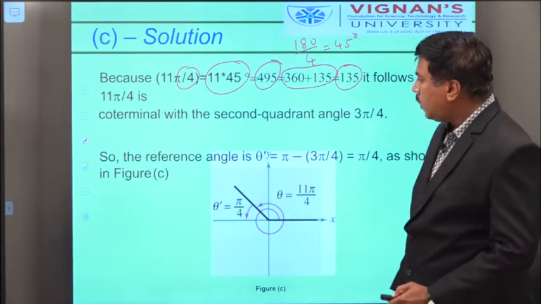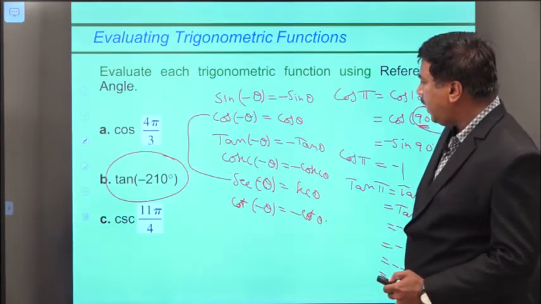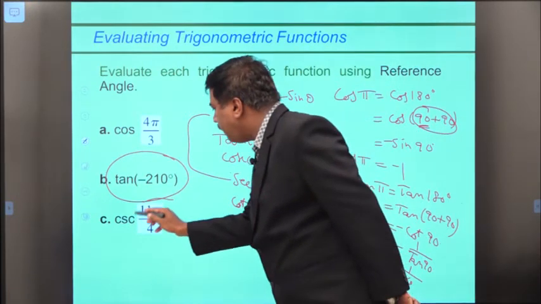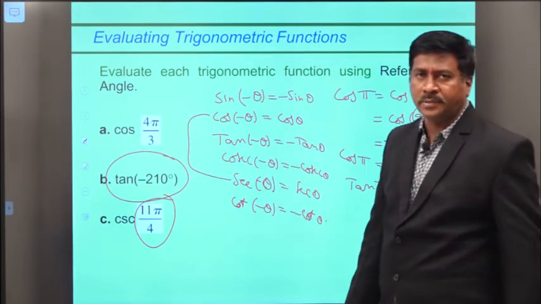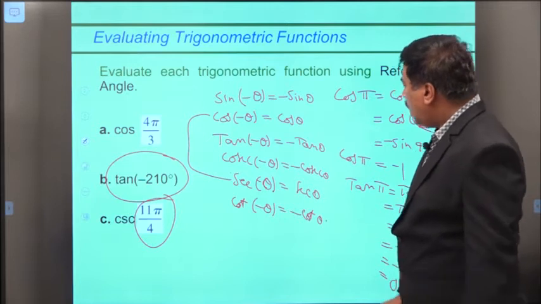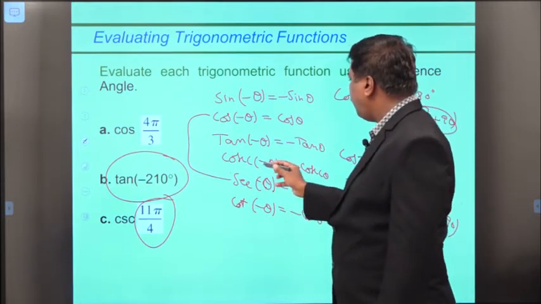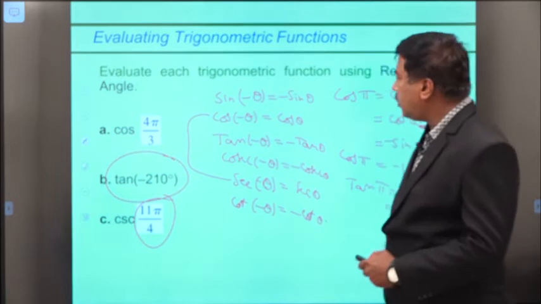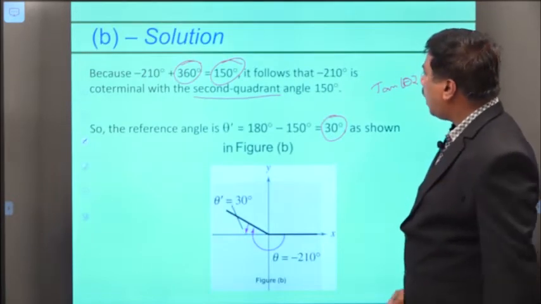So what value do you have to consider here? Cosec 11 pi by 4, this value you have to evaluate. Cosecant is a positive value only, so we have to take the positive.